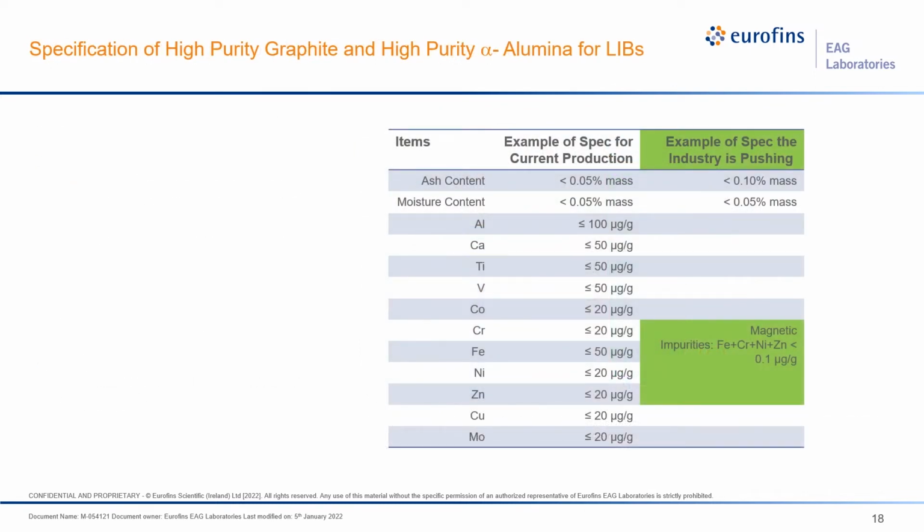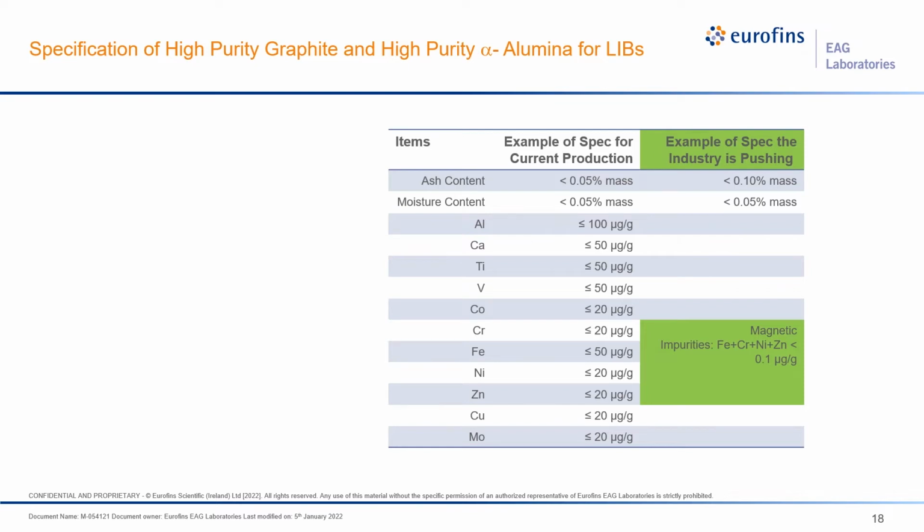Here is an example of the spec of current production graphite and then the future needs. Aside from ash and moisture content, there is a specific requirement for pre-transition and post-transition metals. Many of them are magnetic impurities.